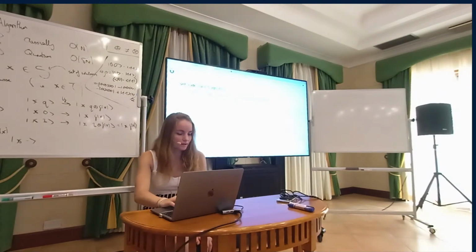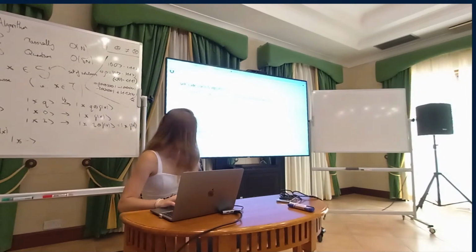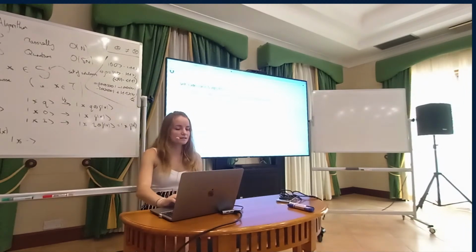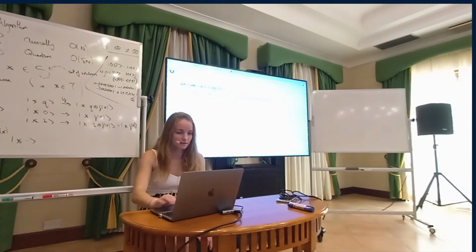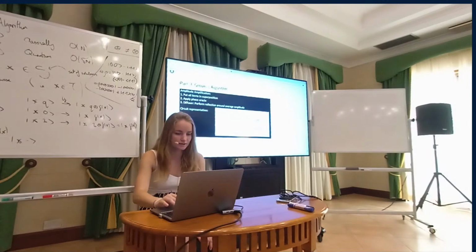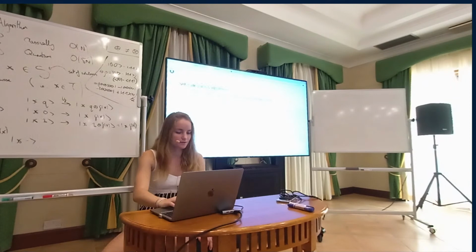We apply Hadamard on all n qubits just by saying h on range n. Then this oracle that we apply in between is just like an oracle, but as a marked element it would take 0. So we just call our function phase oracle with 0 as the marked element, and then we apply another range of n Hadamard gates and return the circuit.